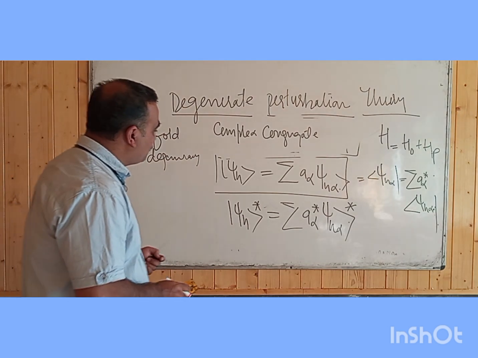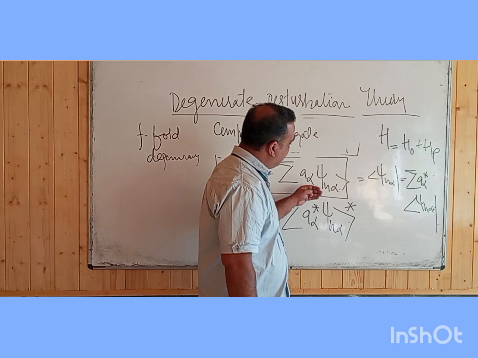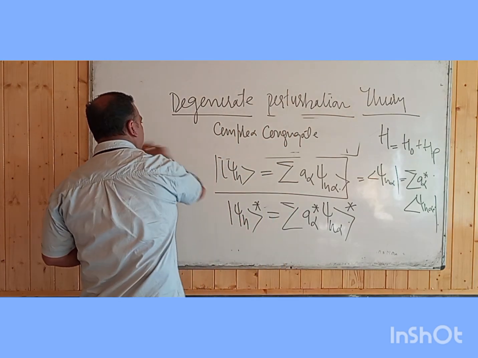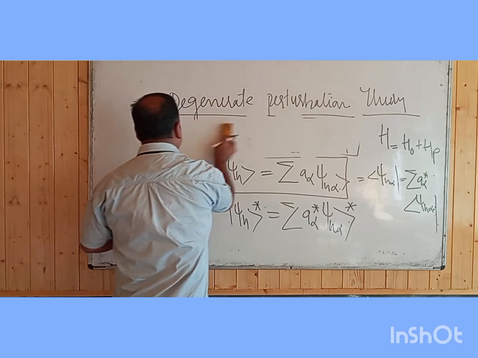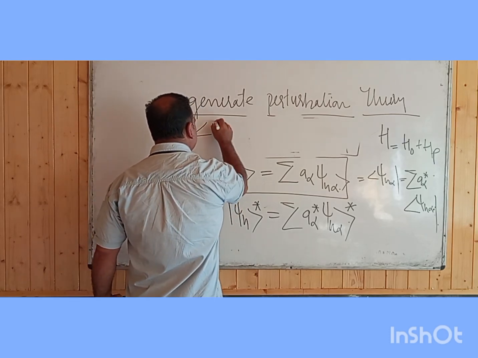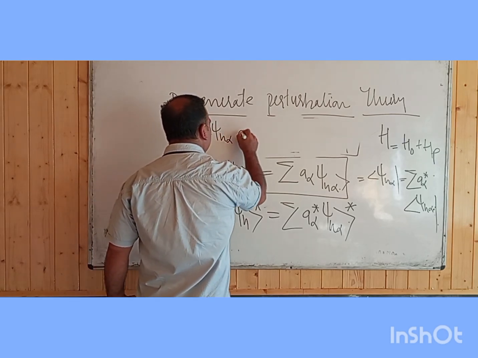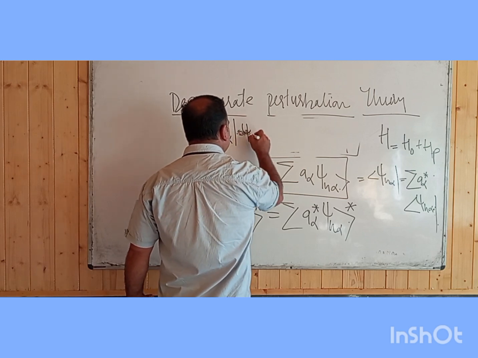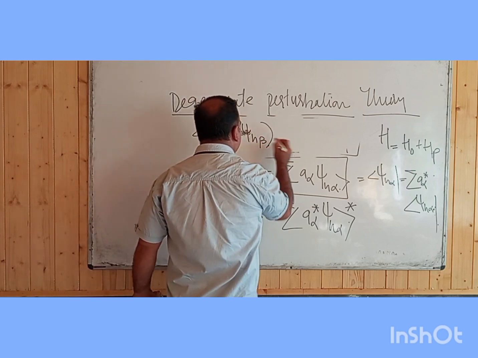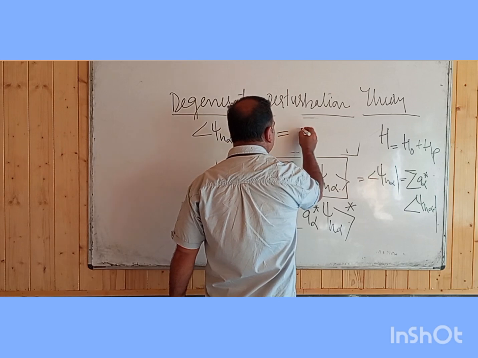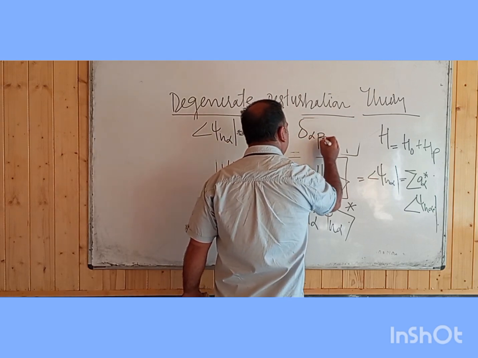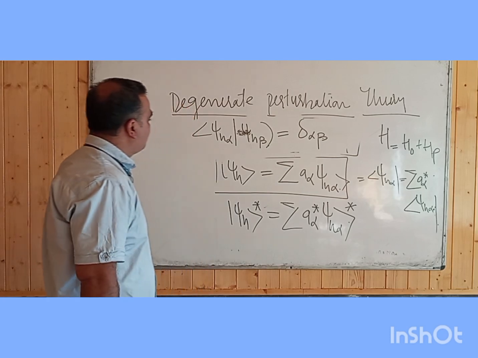What we assume here is that if I take a couple of states, psi n alpha and psi n beta, they are orthonormal to each other, so that they are equal to the Kronecker delta alpha beta.